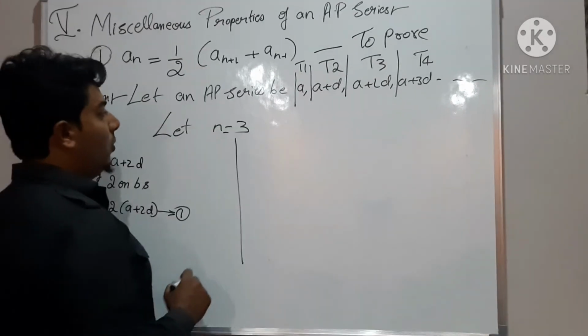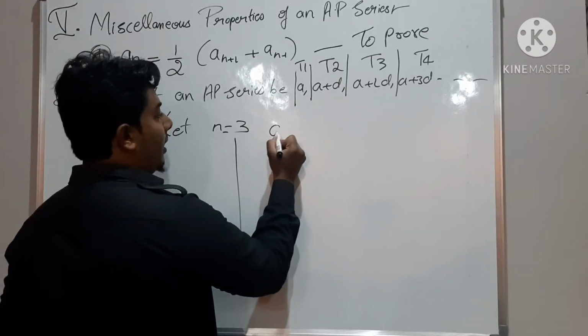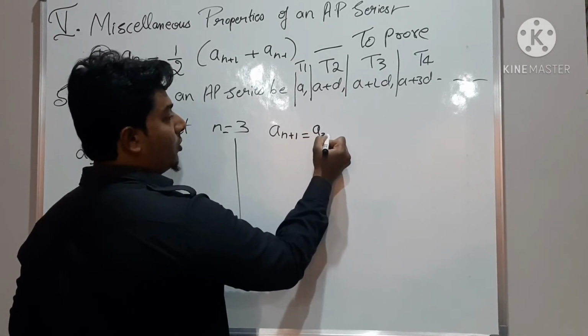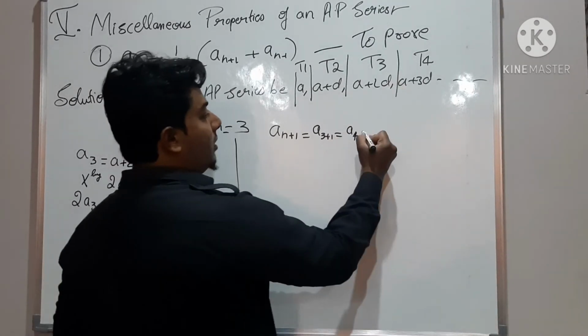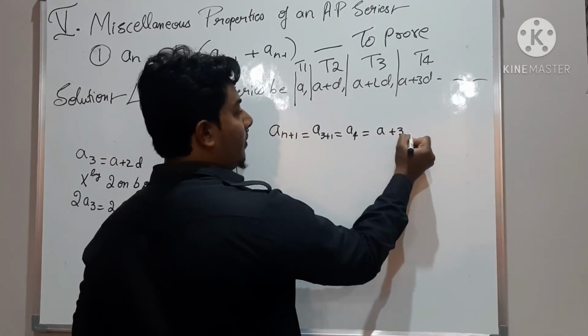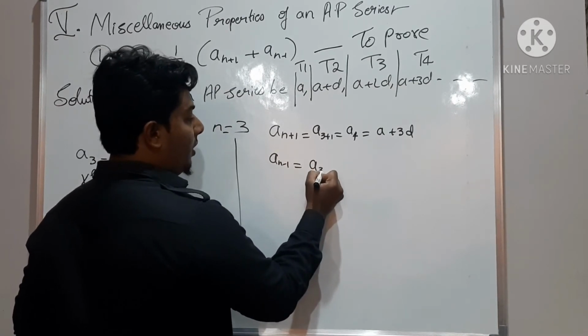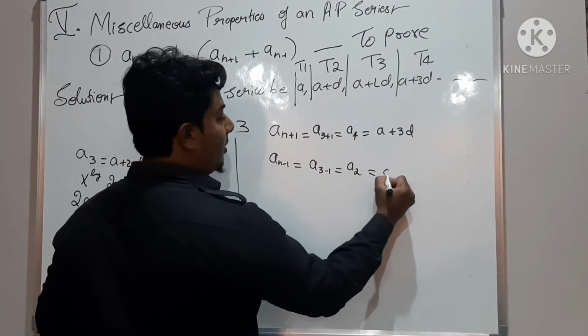Now we have an plus 1 and an minus 1. An plus 1 is equal to A3 plus 1, which is A4. A4 is A plus 3D. An minus 1 is equal to A3 minus 1, which is A2. A2 is equal to A plus D.